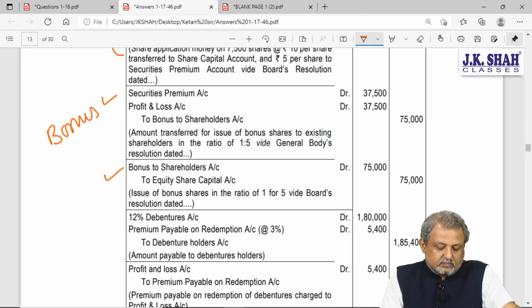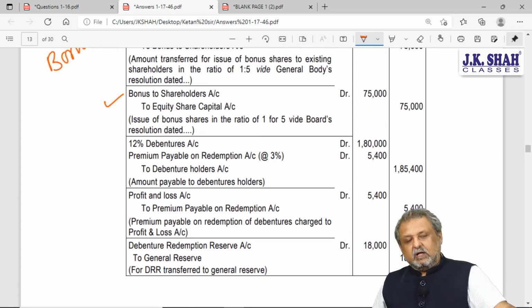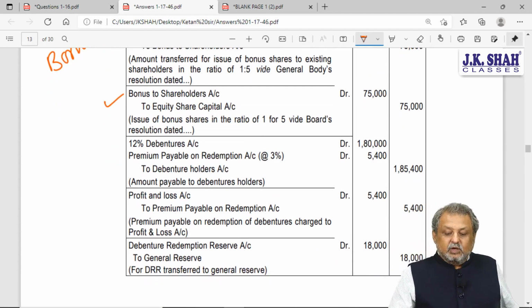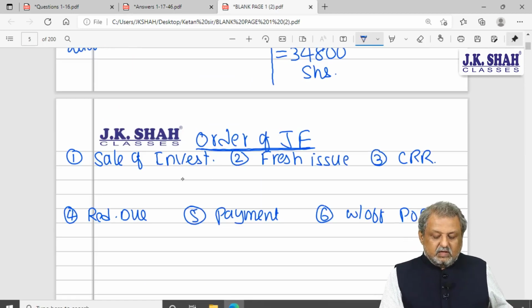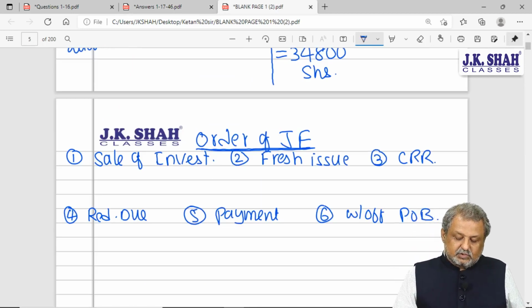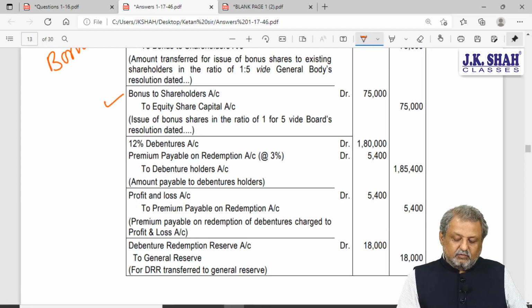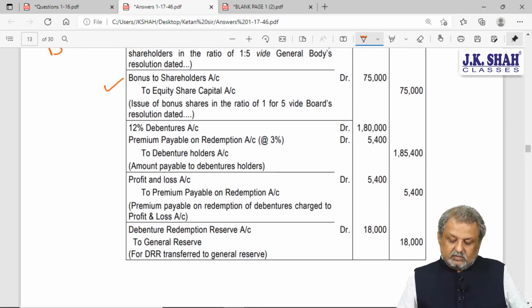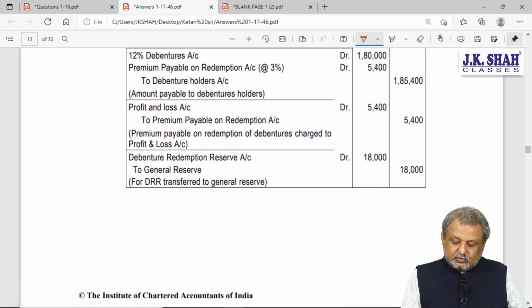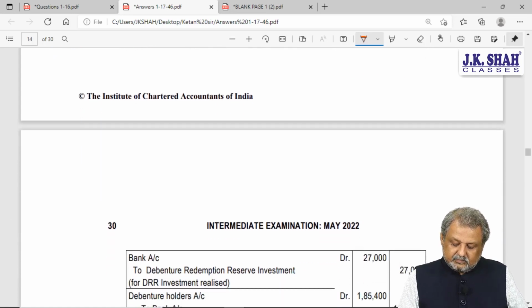And then for redemption of debenture, you can follow similar steps. First you should sell DRRI. Then there is no fresh issue or CRR. Then redemption due, payment, writing off premium on redemption. So you can follow that order. See, they have sold the investment at the end.